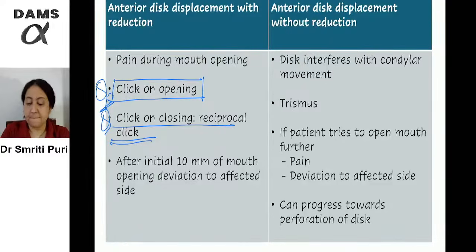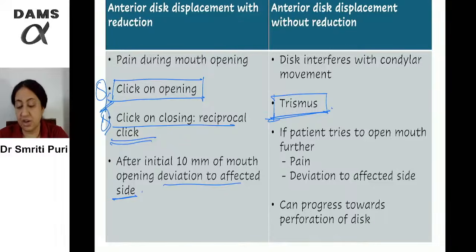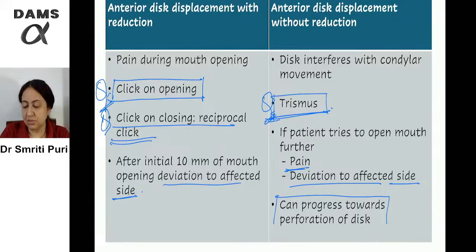After the initial 10 mm of mouth opening, there is deviation to the affected side or the involved side. Now, in disc displacement without reduction, there is significant trismus, which is important. If the patient tries to open his or her mouth beyond a particular point, there would be pain and deviation to the affected side, and this can progress towards perforation of the disc. So this is important.